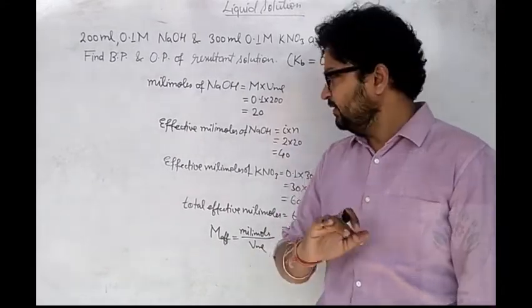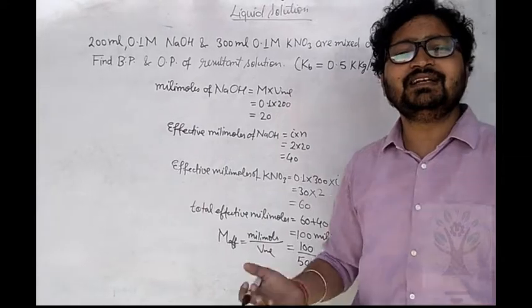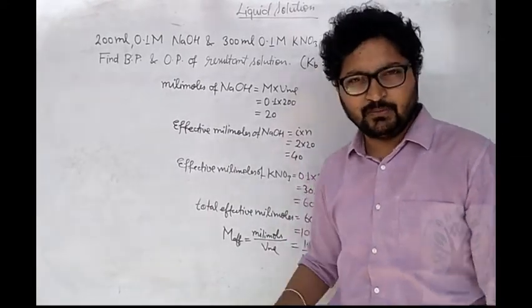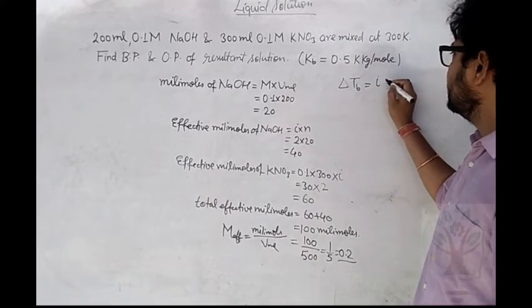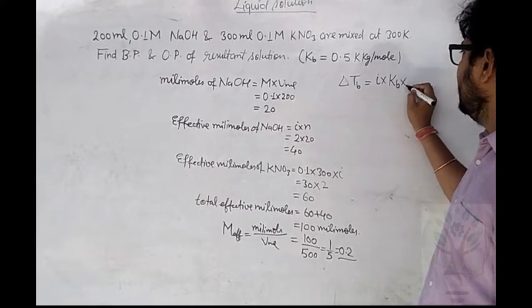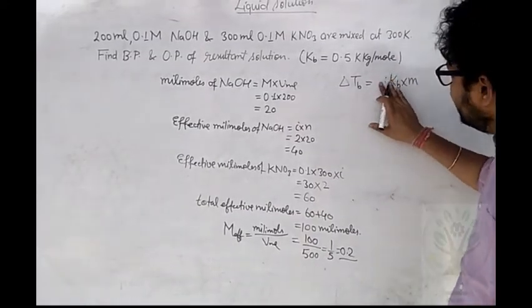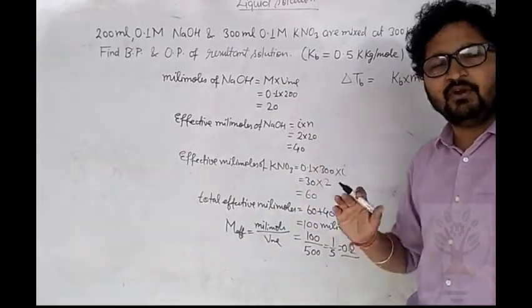Is this thing clear to us? First of all, good. Now, we have to find BP. BP means we need to find delta Tb. Without delta Tb, we cannot tell the boiling point of any solution. So what will be delta Tb here? Delta Tb will be equal to i into Kb into m. Now let me tell you one thing. There is no need to write i now. Why? Because we have already considered the effect of i.